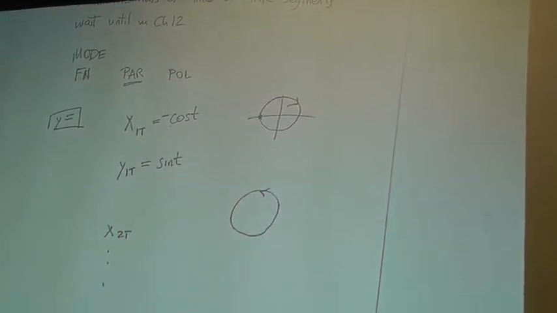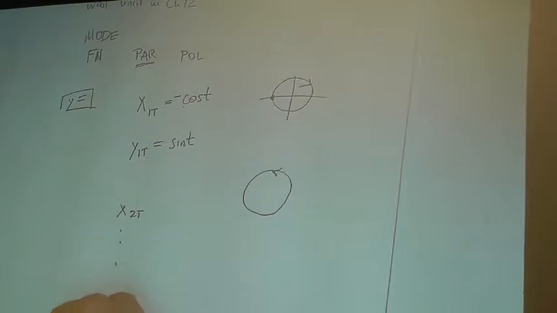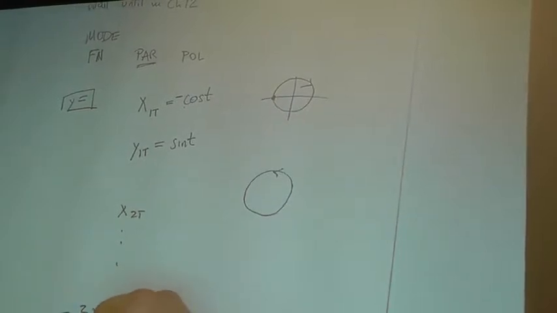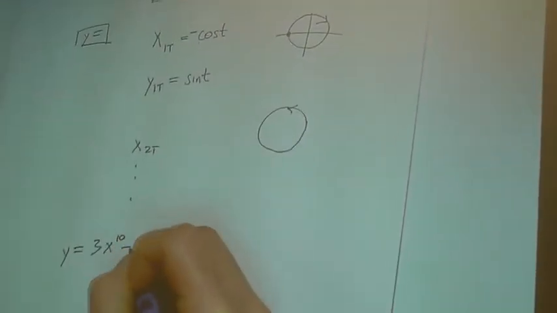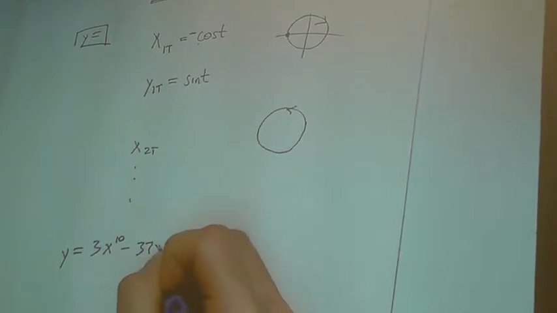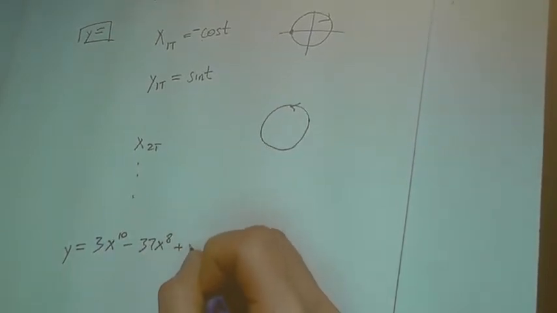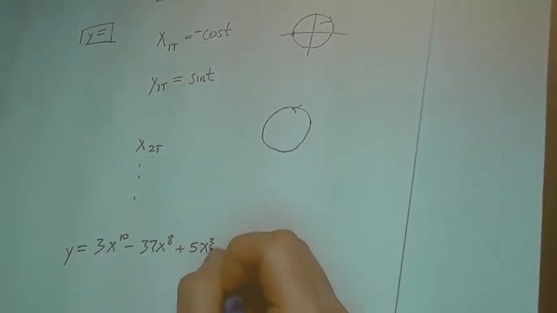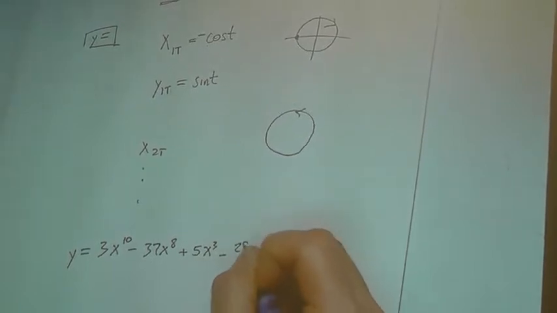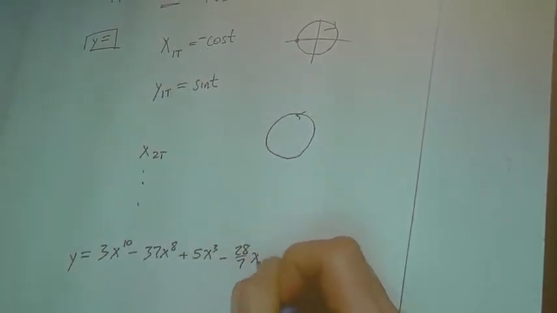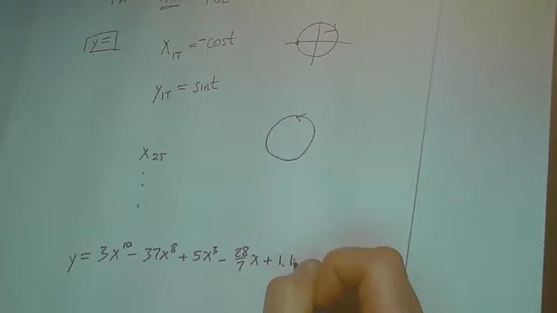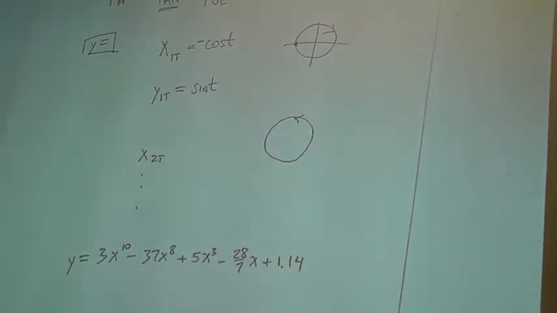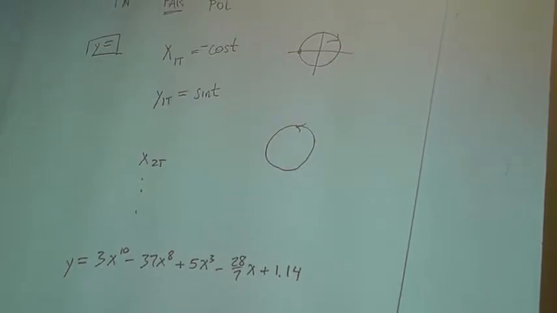You do all this stuff, and all somebody has to do is write down a polynomial like the following, and say, graph it. It's just a polynomial. And you can't. Okay?